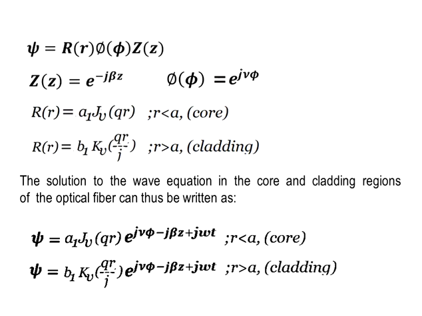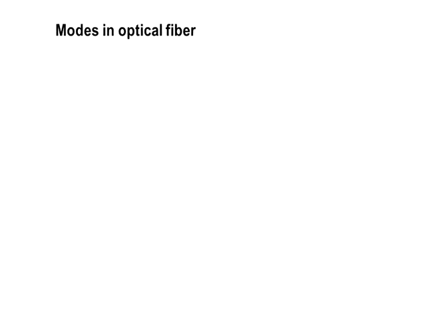Depending on the value of V, there will be different sets of solutions. Inside the cladding, the field is monotonically decreasing in nature. Again, for different values of V, we get different sets of solutions. Now, we'll see the modes in optical fiber.